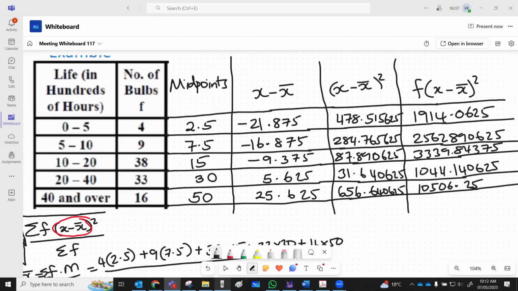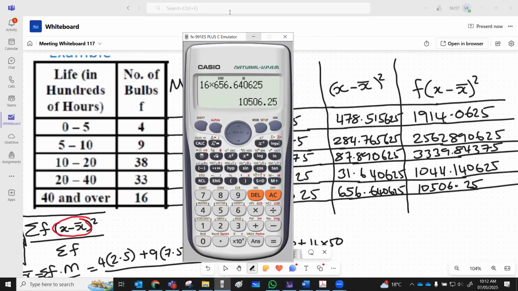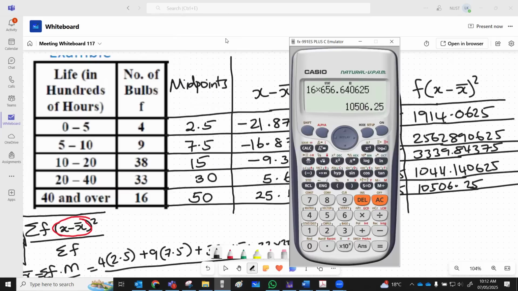So you take all these and you add them together. So we have 1914.0625 plus, this one here, I didn't put my decimal. What was the answer supposed to be?